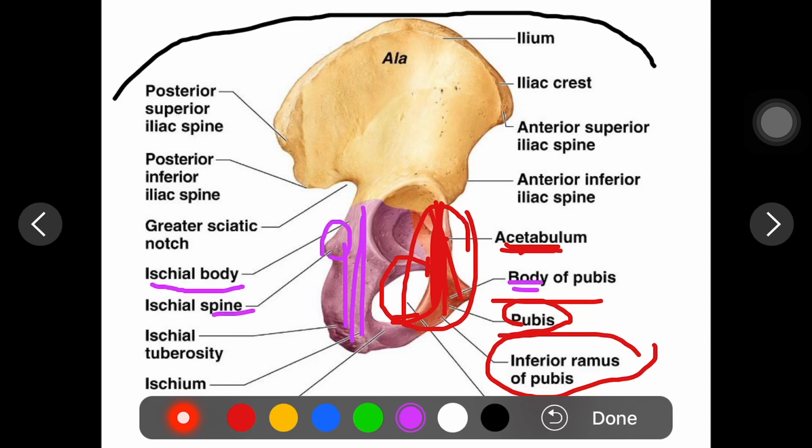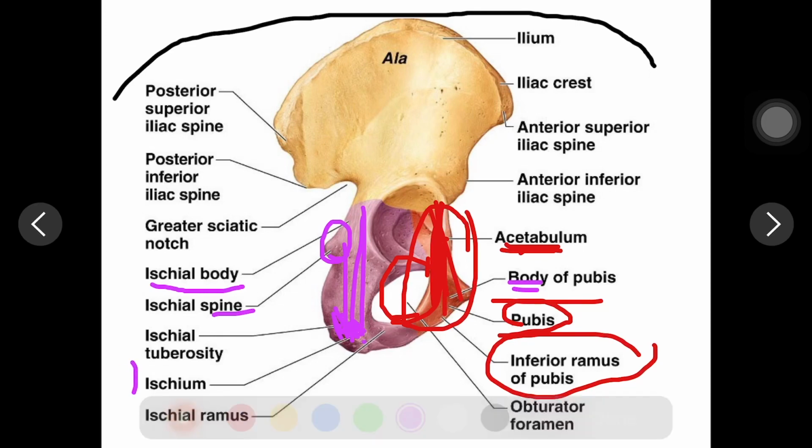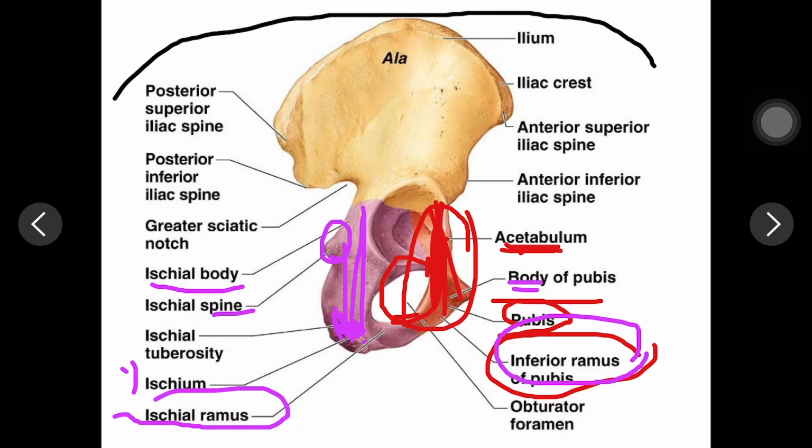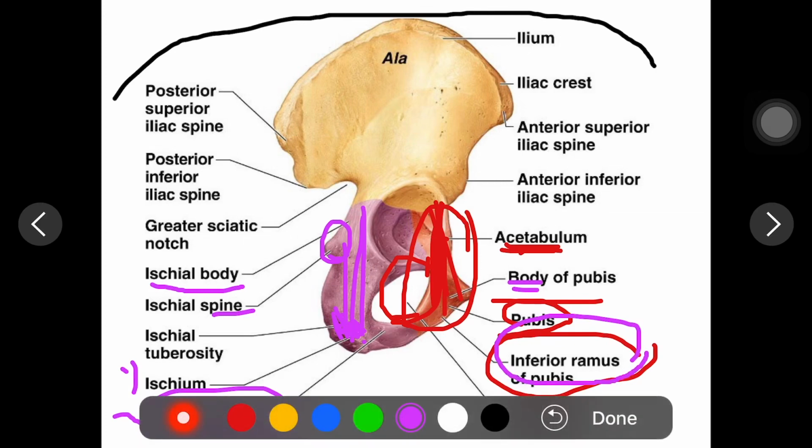This is the ischial tuberosity, and in the end the ischial ramus, similar to the inferior ramus of the pubis. They are close to each other.